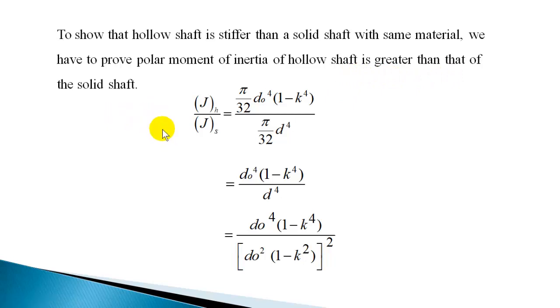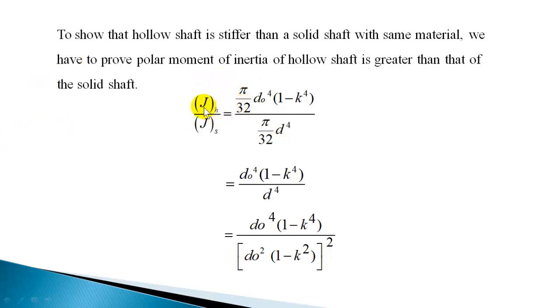Because when materials are the same, to compare the stiffness of the shafts, we only have to compare the polar moment of inertia. So if you take the ratio of polar moment of inertia of hollow shaft to solid shaft, that ratio should be greater than 1. If it is greater than 1, then the hollow shaft is stiffer than the solid shaft. You can also say that the hollow shaft is more rigid than the solid shaft.